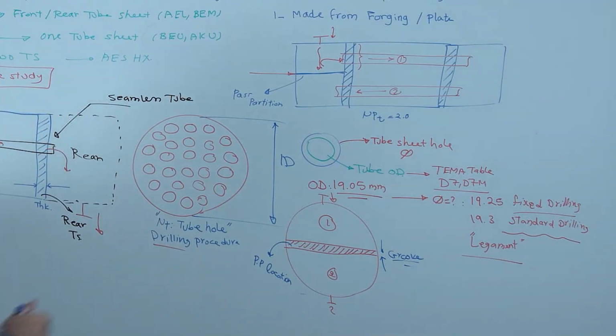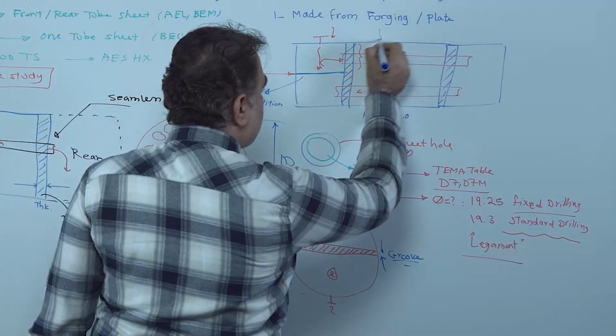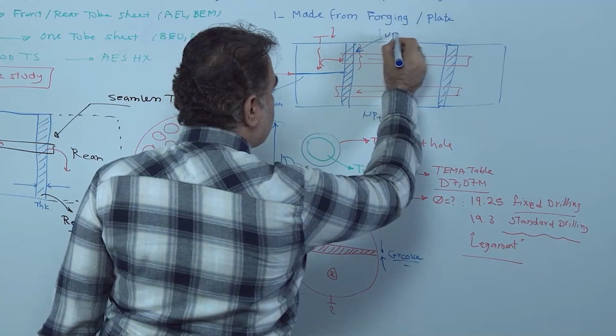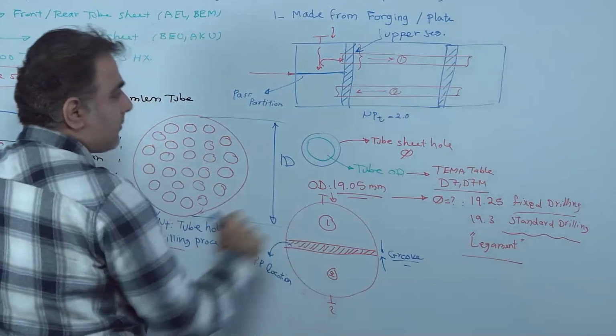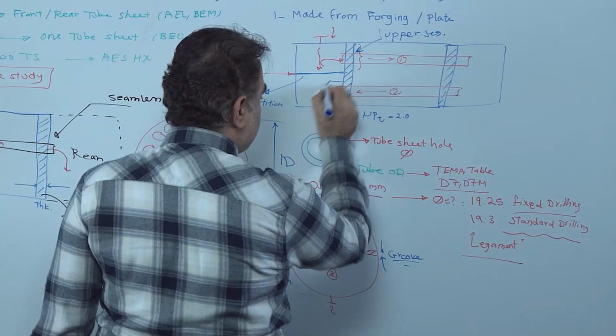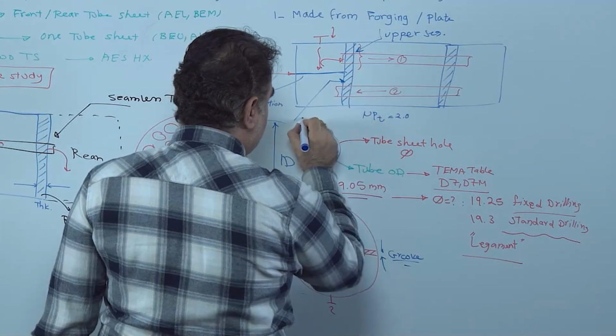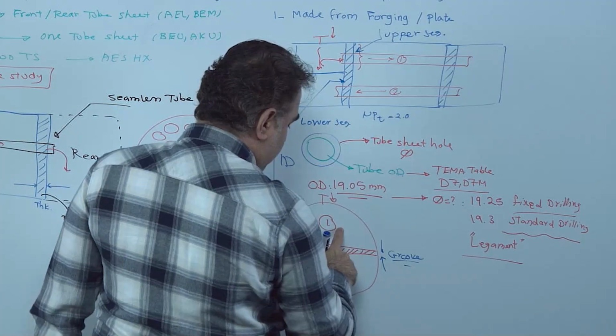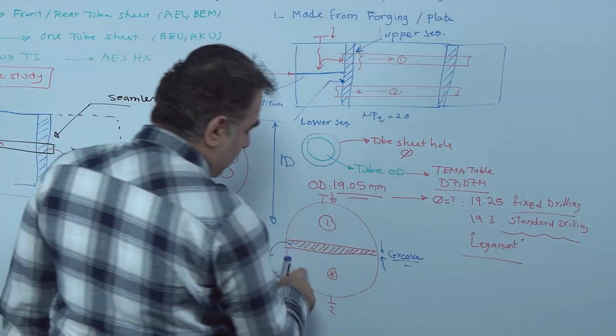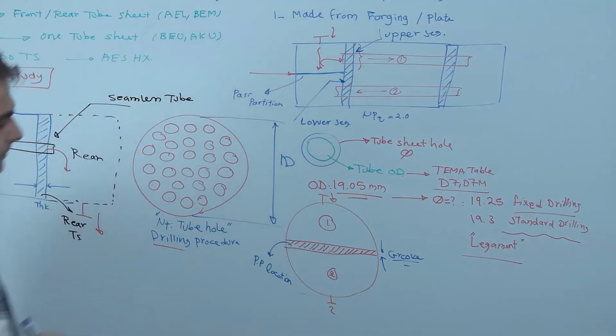One segment is at the top, called the upper segment, path 1, and this part is the lower segment, path 2.